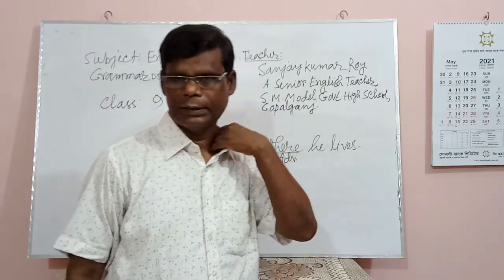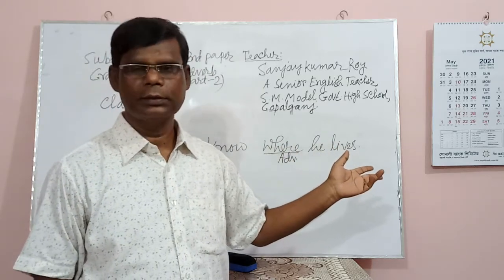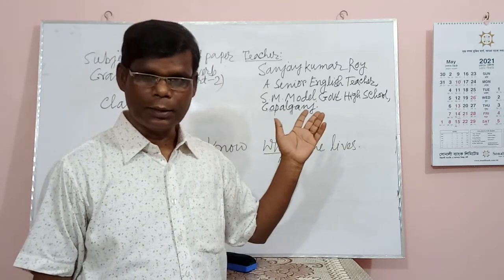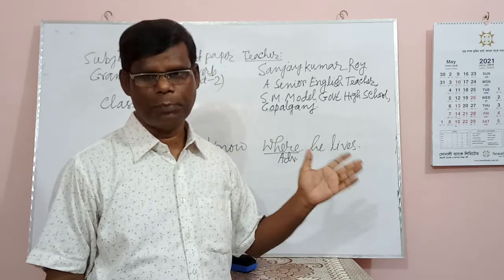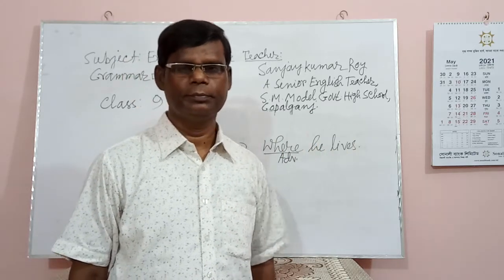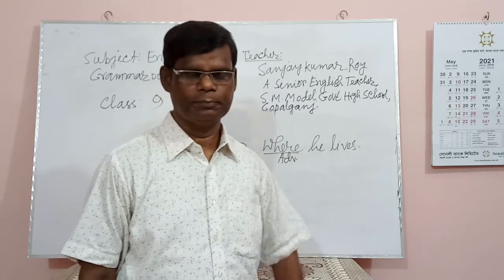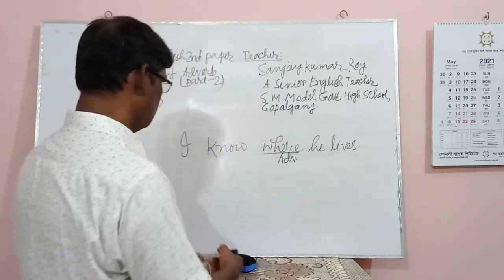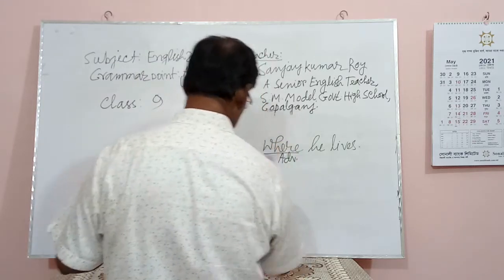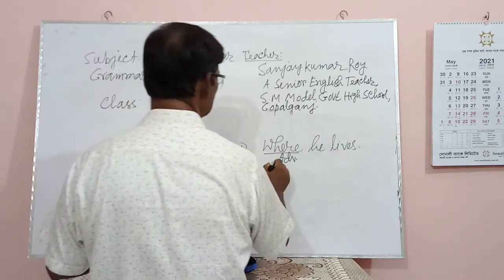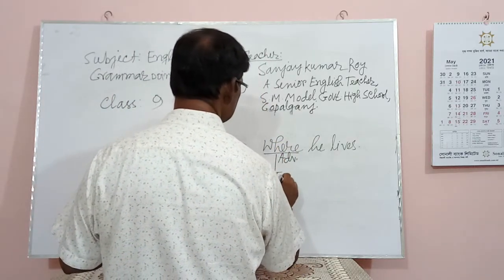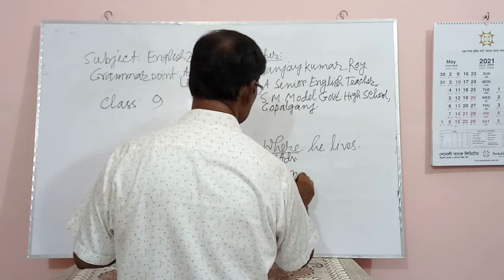But here the antecedent, the place, is not mentioned. That is, there is no mention of antecedent here. So this adverb is called conjunctive adverb.